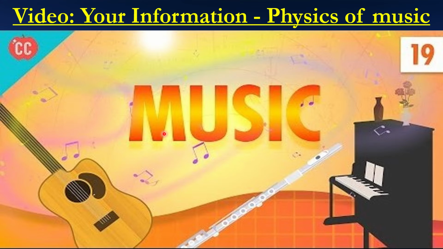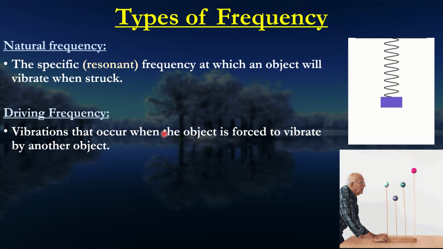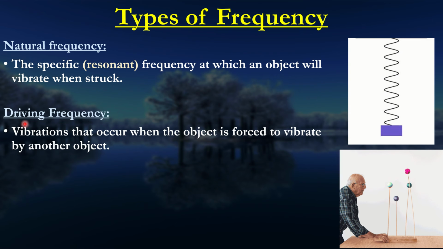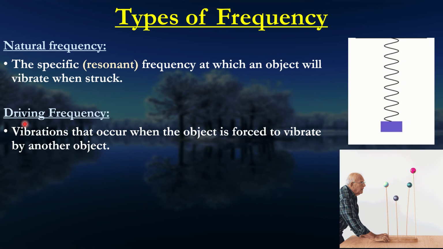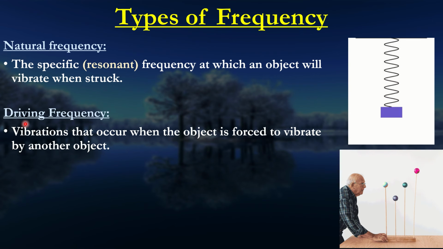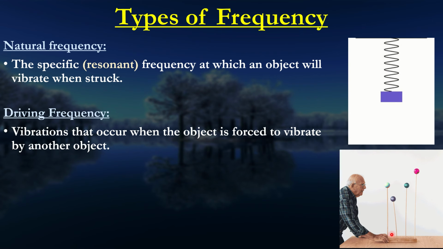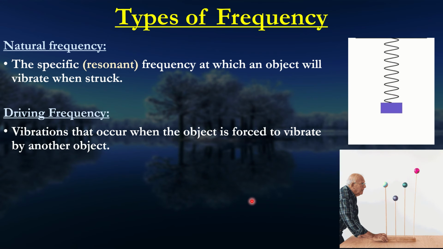Okay, from before, we talked about the concept of frequency. So we said that things will naturally vibrate at a particular frequency. We call that the natural frequency or the resonant frequency. If we are able to then apply some kind of shaking motion to it, like the motion of this man moving these circular spheres, that's a driving frequency. So you're putting in vibrations causing the object to vibrate.